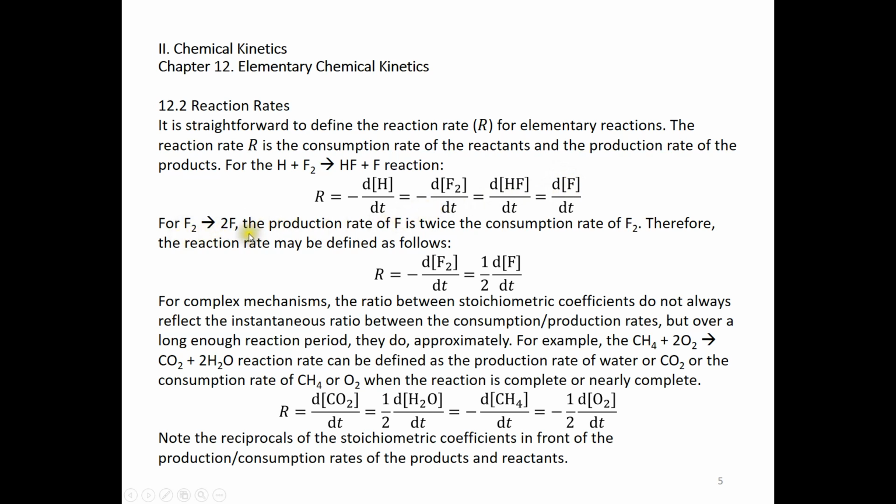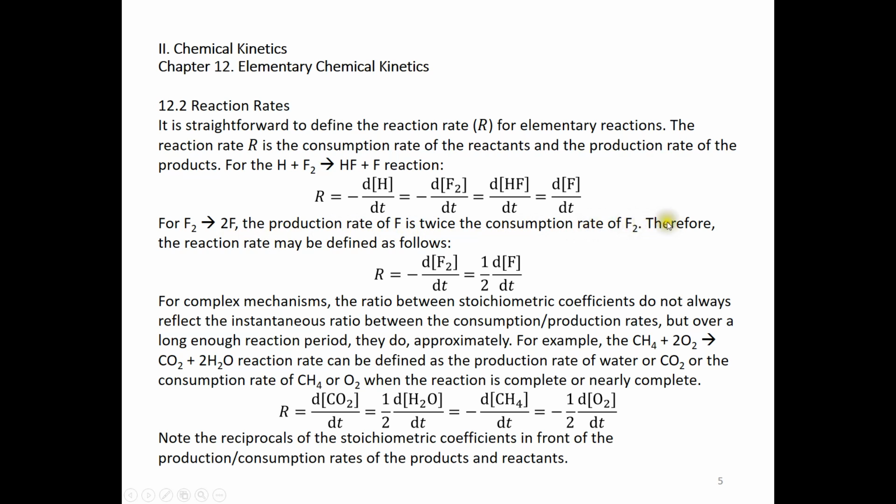For this kind of reaction with different coefficients, we'll have to be a little careful here, because the production rate of the fluorine atoms is 2 times the consumption rate of the F2 molecule.